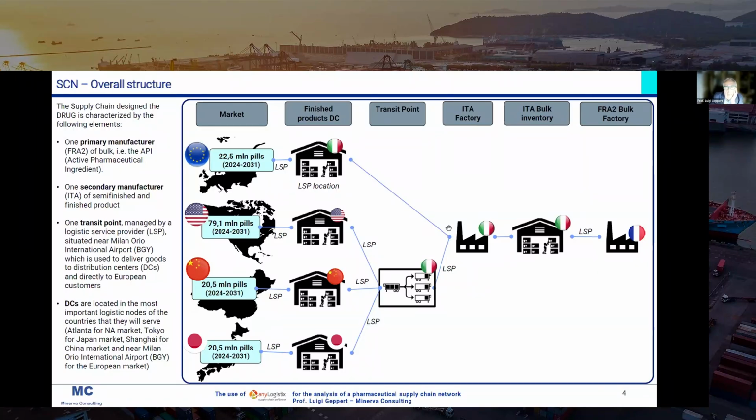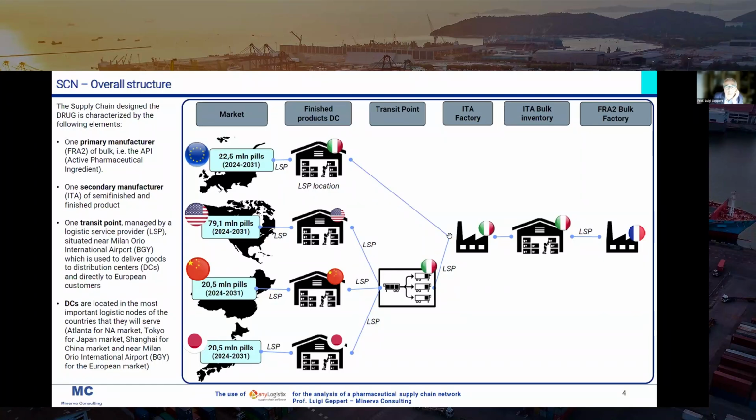So as you can see, the Italian factory will deliver its product to the European DC, which is located at the LSP location, the logistics service provider location, based in northern Italy as well.